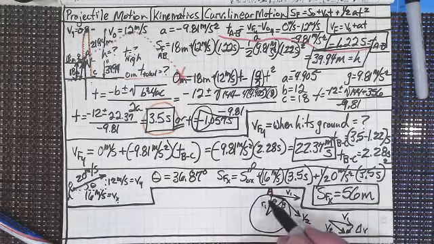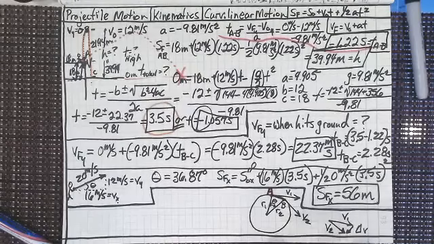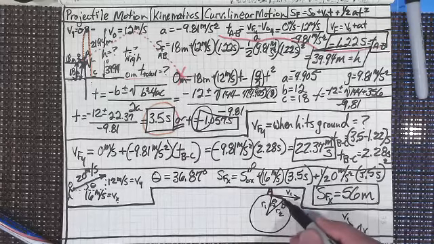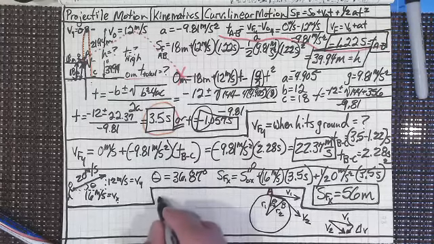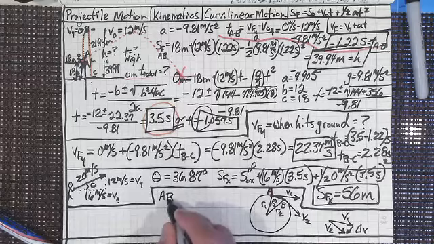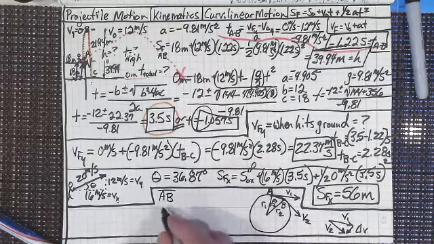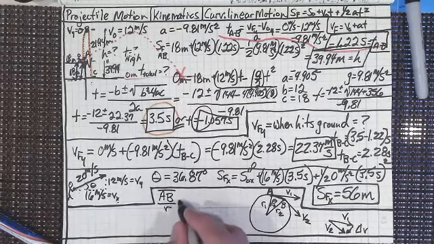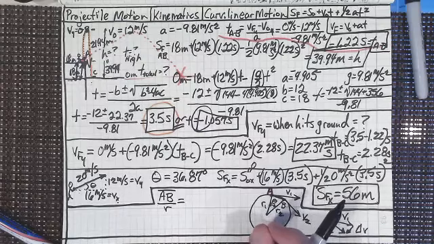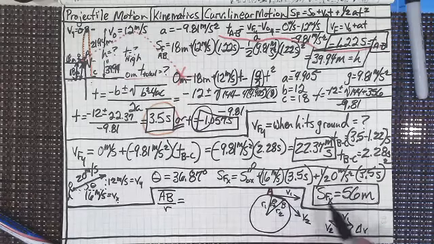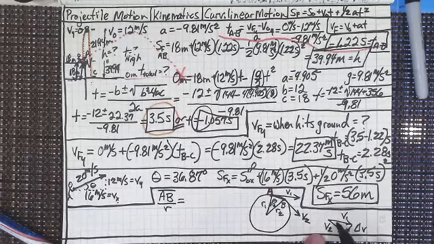Say A and B is not an arc, but would just be a line. Then I can look at this triangle right here, and I could say that the line AB over the radius R is equal to this triangle over here, because remember, that angle is theta.